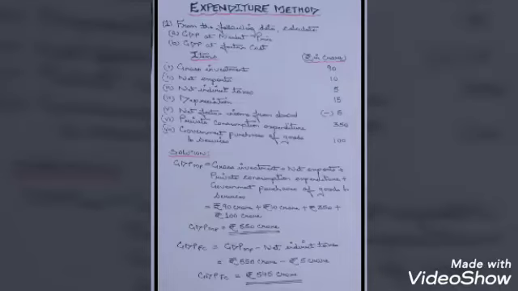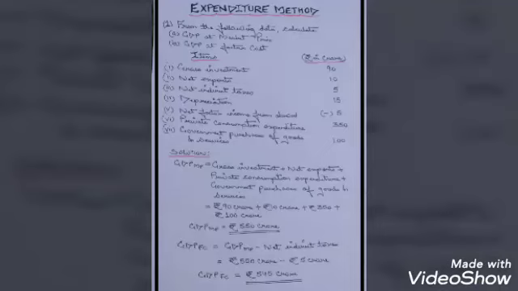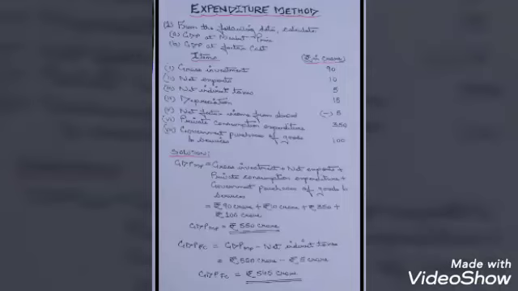Now children, the very first thing we have to calculate is GDP at market price. And you know very well, to calculate GDP at market price, the items to be included are, first, gross investment; in it you add net export, plus private consumption expenditure, plus government purchases of goods and services.